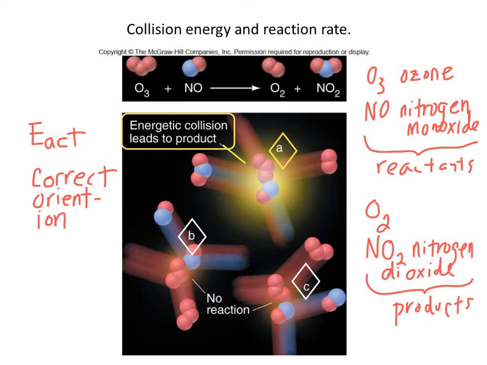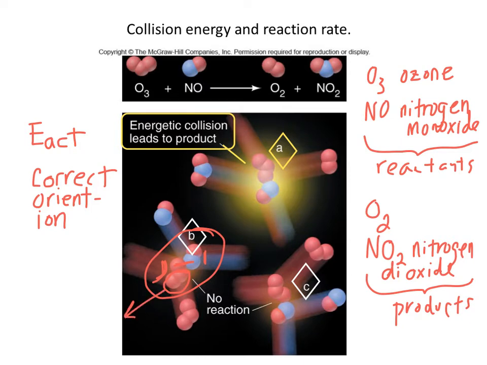Okay, so if we look at the pictures, we see that we have two colliding here. This is our NO right here. This is our ozone right there. And we have an NO bond. This could form, and that would make NO2. And this would be the oxygen, I'm sorry, that would shoot out of the ozone to make O2.